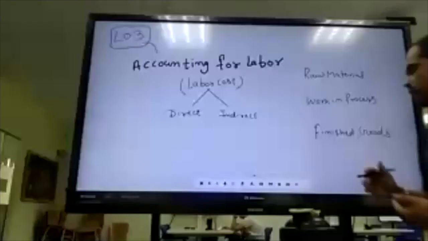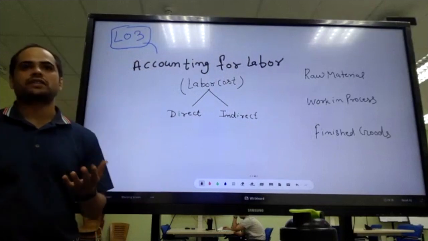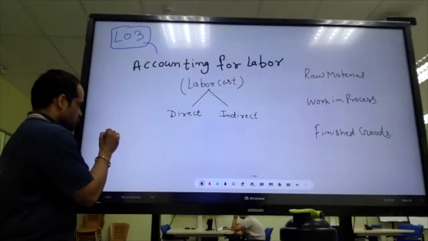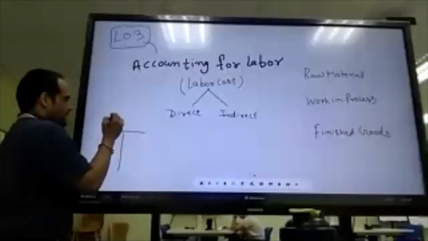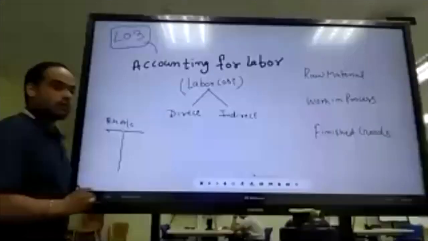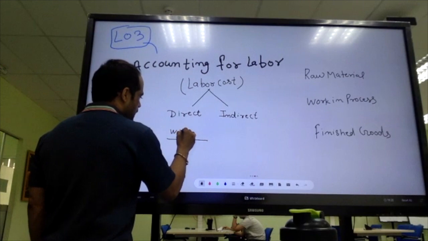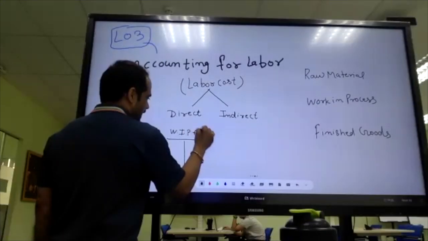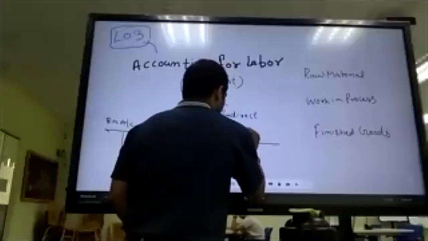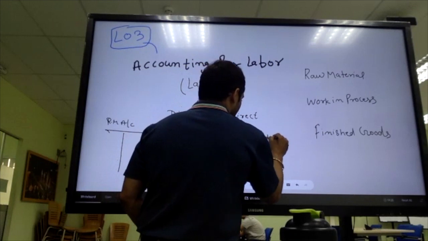All right. So remember, we normally prepare T accounts. I hope you studied T accounts in your previous subjects. So we prepare raw material accounts, work in process accounts, and finished goods accounts.